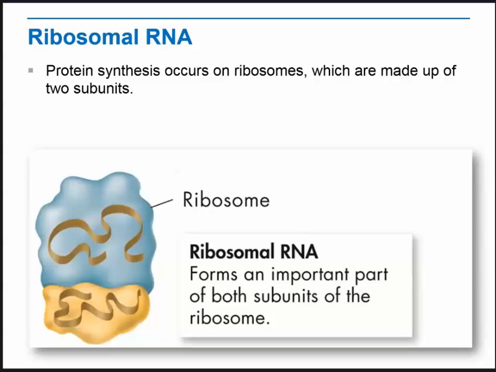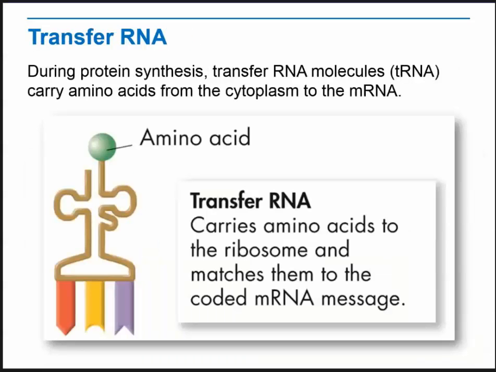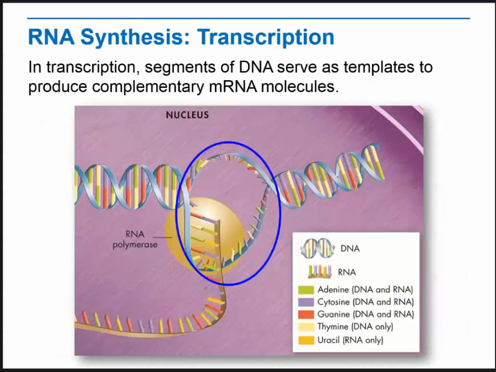The ribosomal RNA forms an important part of both subunits of the ribosome. During protein synthesis, transfer RNA molecules carry amino acids from the cytoplasm to the mRNA at the ribosome. Take a moment to create a table in your notes that identifies the 3 types of RNA and their main function.